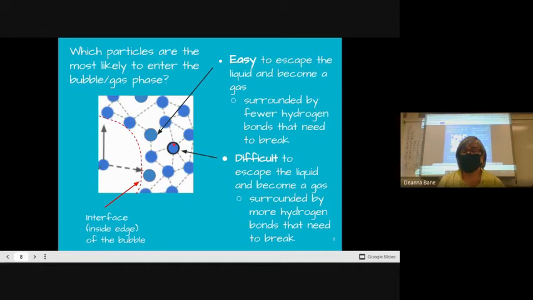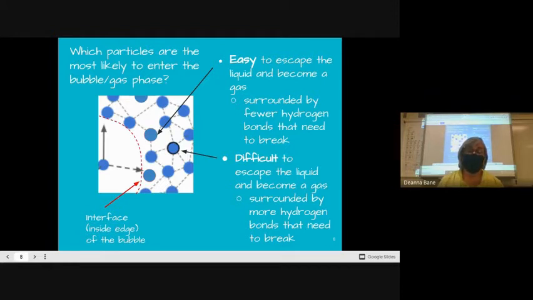And so in order for this molecule on the inside of the water to break into that gas phase, it has to break more hydrogen bonds. So the ones here at the surface of the bubble or at the surface of the liquid, which have fewer hydrogen bonds because there's none on this side of them, are the ones that are most likely to break enough hydrogen bonds to go into the gas phase or to go into that bubble.